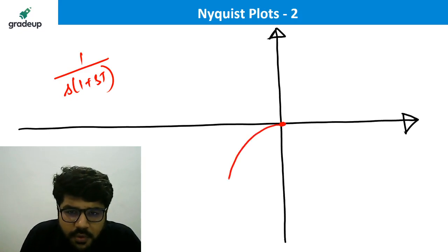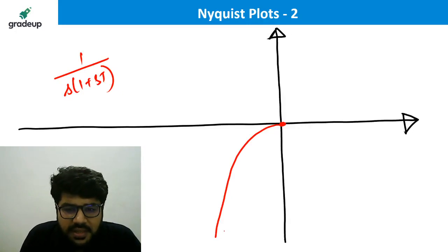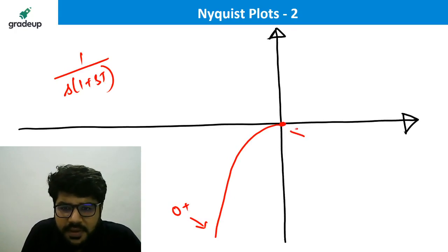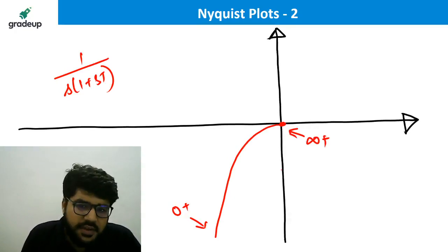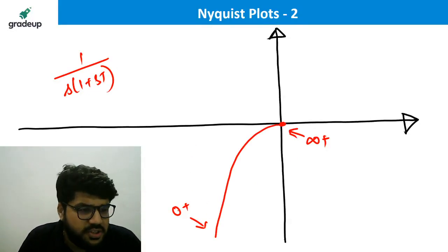Polar plot for 1 upon s(1 plus sT). Remember, this was the polar plot. This is the 0 plus point. This is the infinity plus point. I'm not repeating the polar plot steps again. It is already solved.